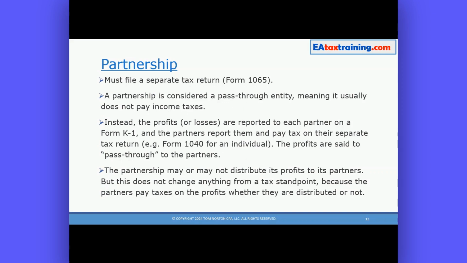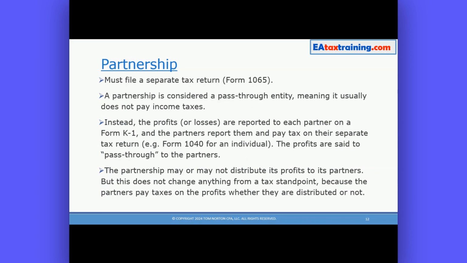Instead, the profits or the losses are reported to each partner separately on something called a Form K-1, and then the partners report their proportion of the income or loss on their own Form 1040. So the profits are said to pass through to the partners.